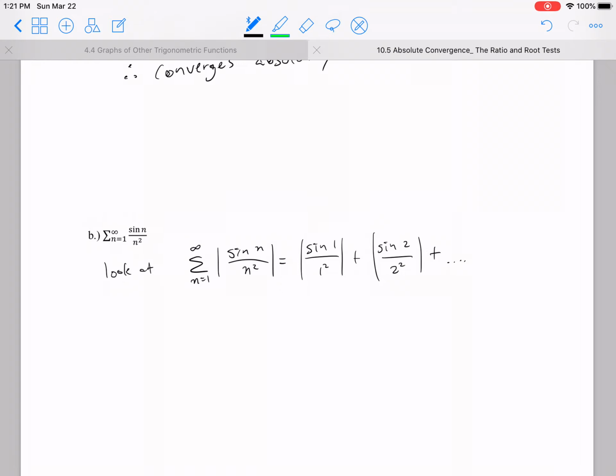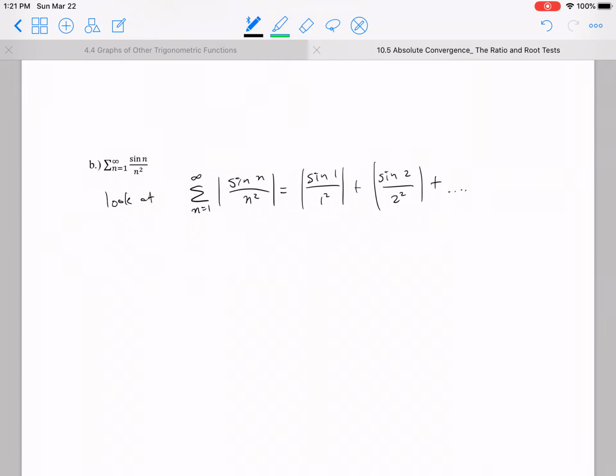And so if we look at that, remember the sine values are always going to be 1 or less. Therefore, what we can say is that the absolute value of sine of n over n squared is always less than or equal to 1 over n squared, right? Because all your sine values end up between, well, really between -1 and 1, but then we're taking the absolute value. So they're all between 0 and 1, which means our numerator is always going to be less than or equal to this numerator, which means it's always going to be less than or equal to that.